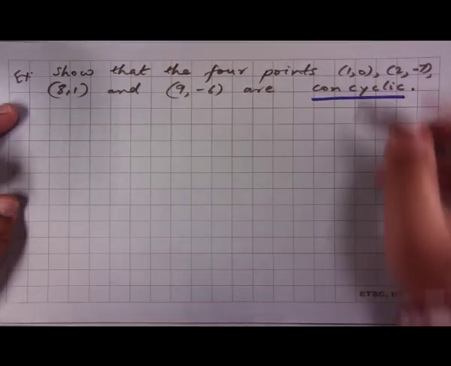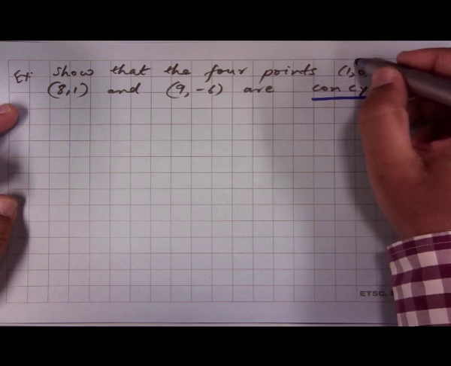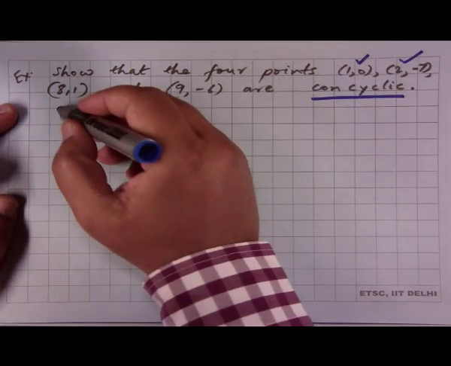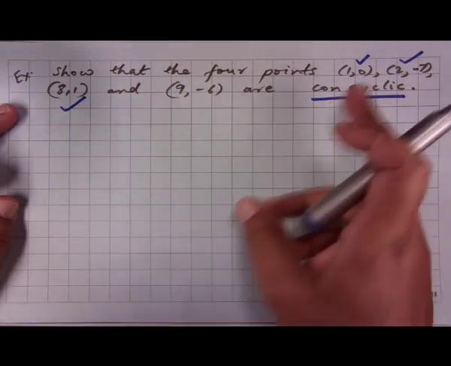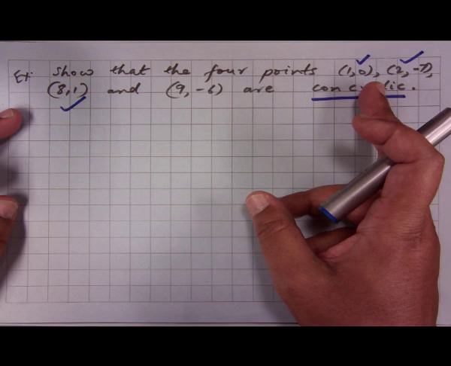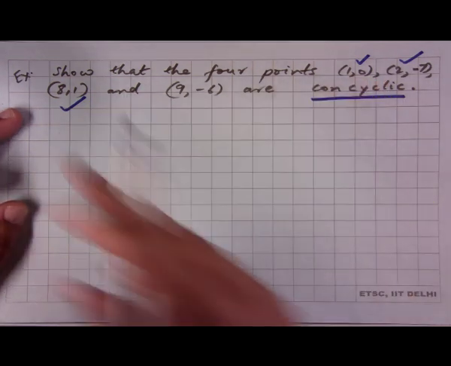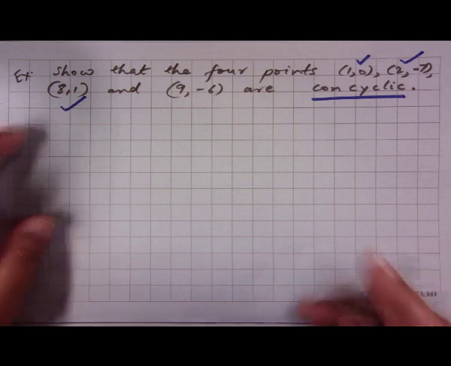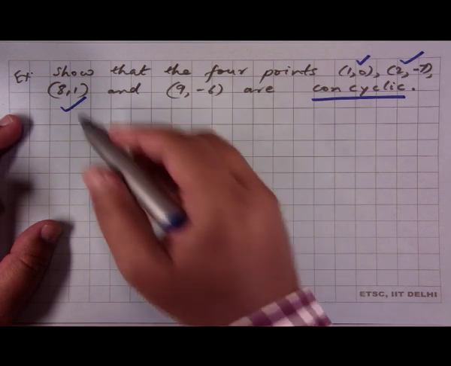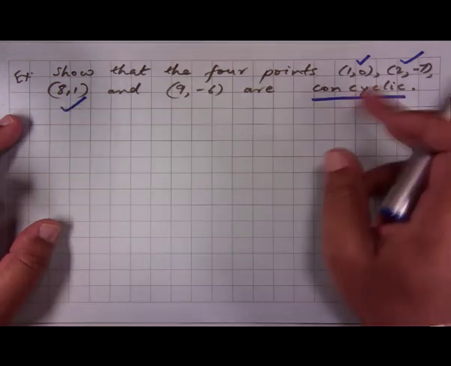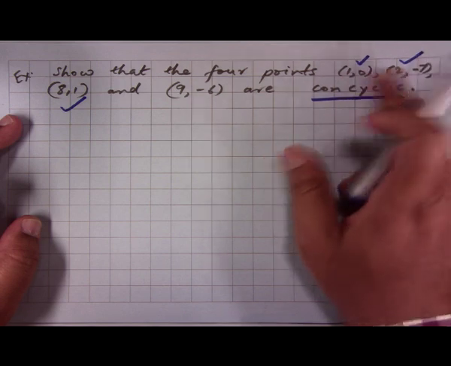So, one way of showing that is that we take, let us say, the first 3 points and we check if they are collinear or not. If they are non-collinear, then we can find the equation of a circle which passes through these 3 points.